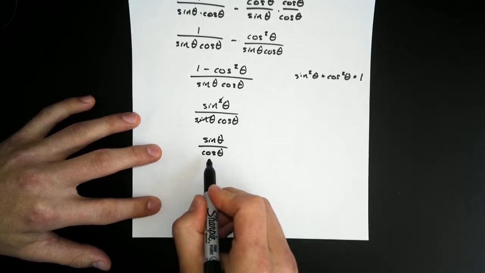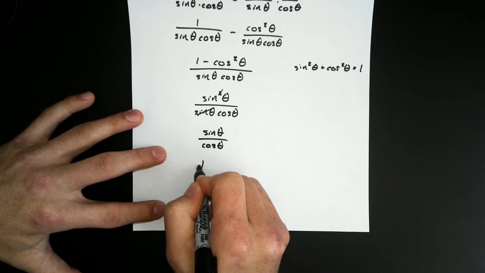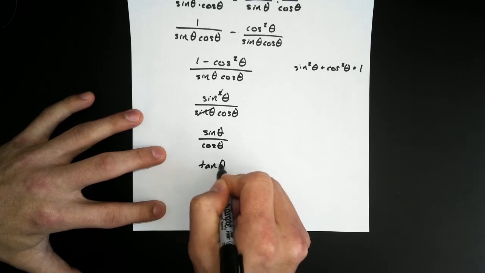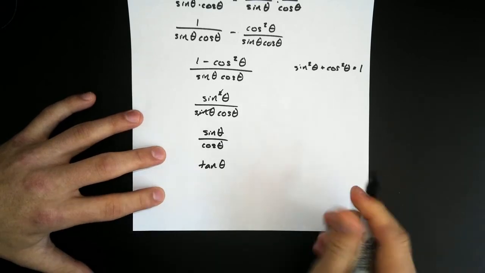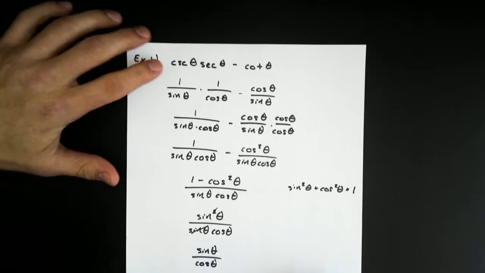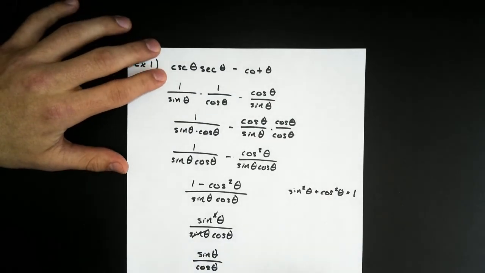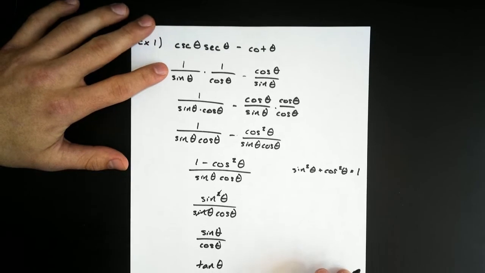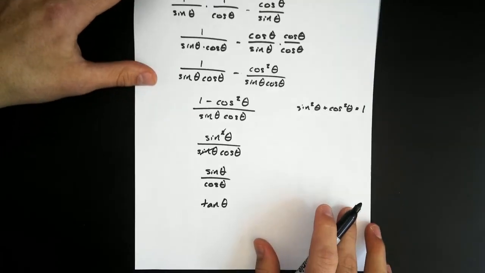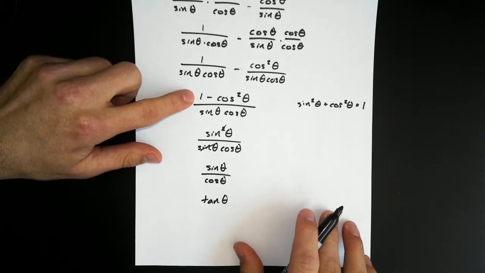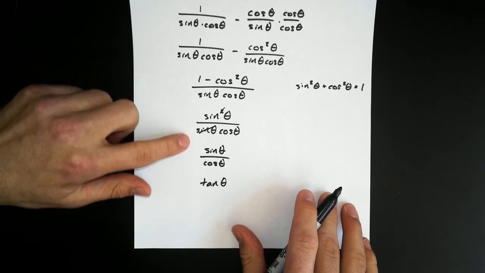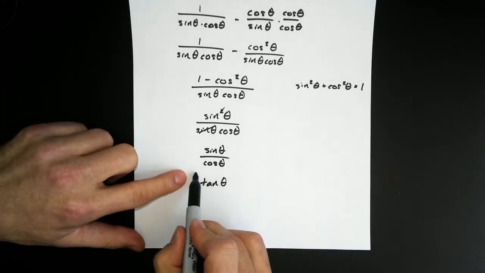And that expression, we can simplify down to just tangent of theta. So starting off with our trig expression here, rewriting everything in terms of sine and cosine, we did have to use the Pythagorean identity, but then everything simplified nicely to tangent of theta.